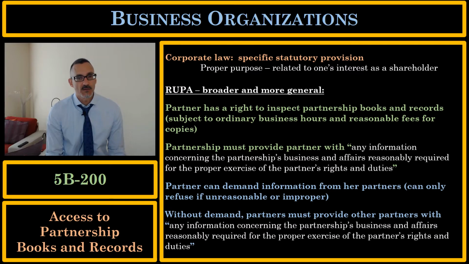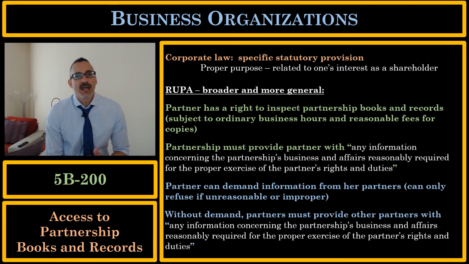So, to summarize, if I request information from the partnership, it must give me that information. If I request information from my partners, the partners can only refuse me if my request is unreasonable.